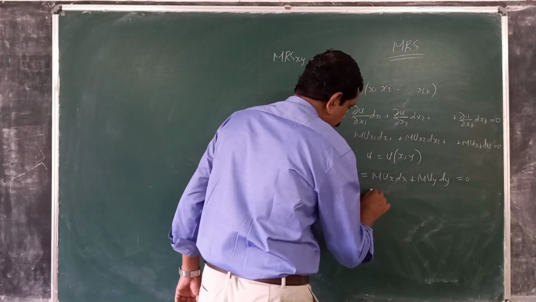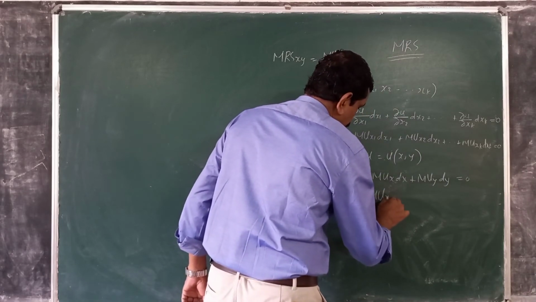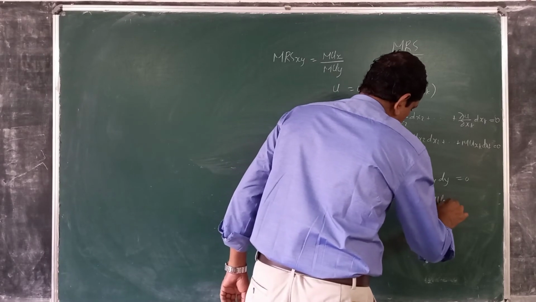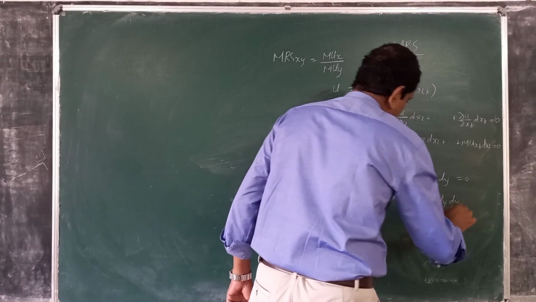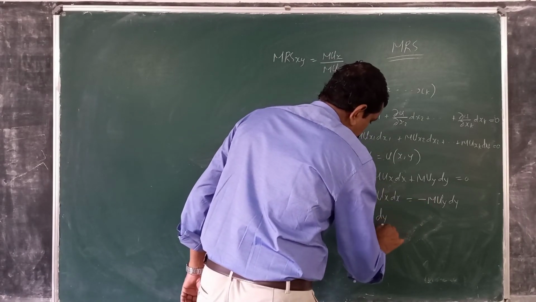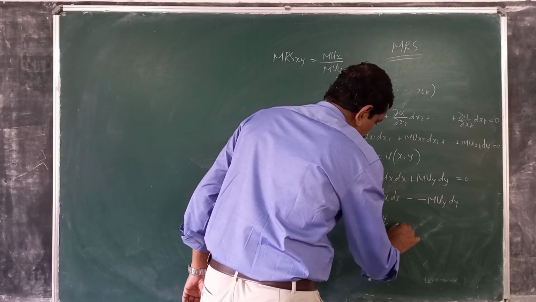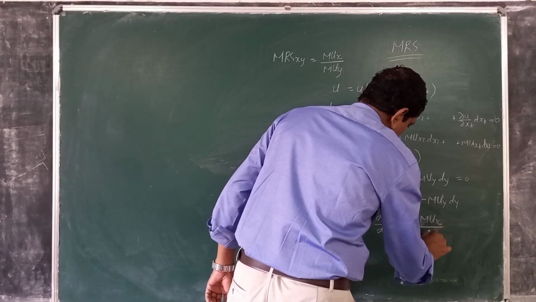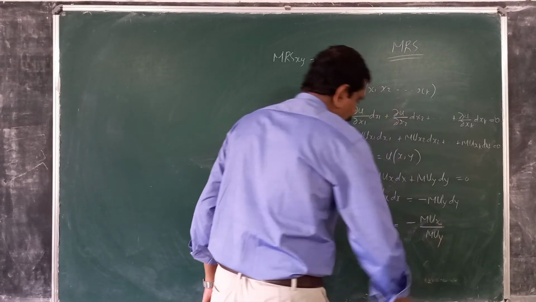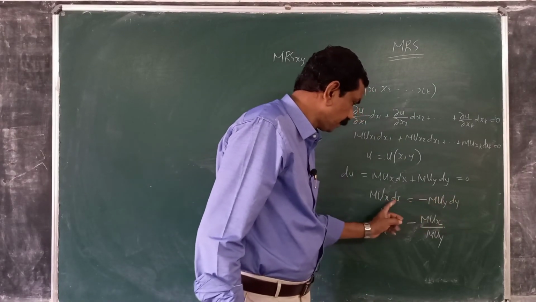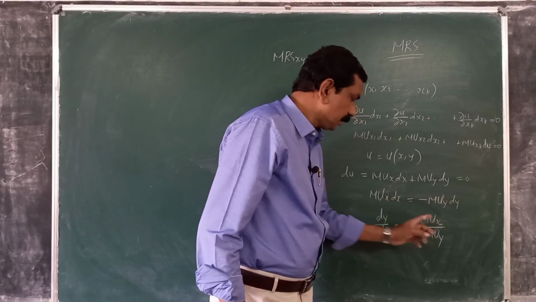That will give you MUx into dx is equal to minus MUy into dy. Now what is dy by dx? Dy by dx is negative of MUx by MUy. That is the slope.